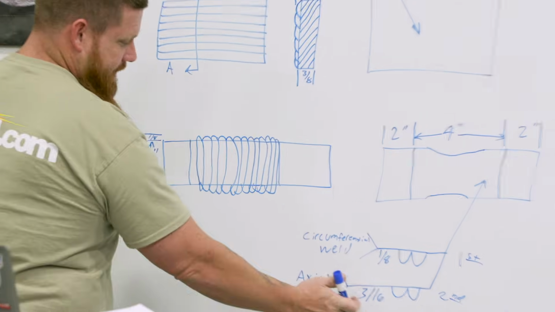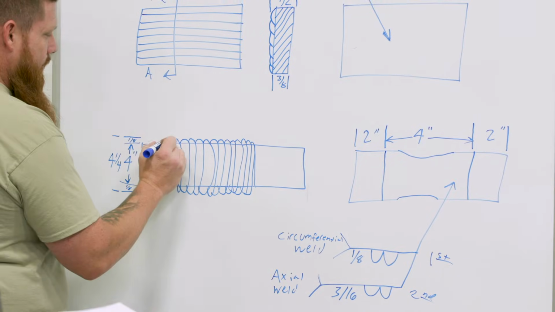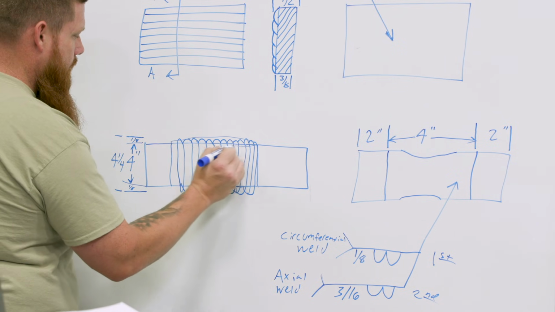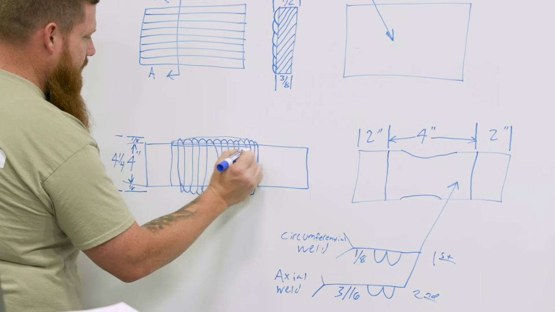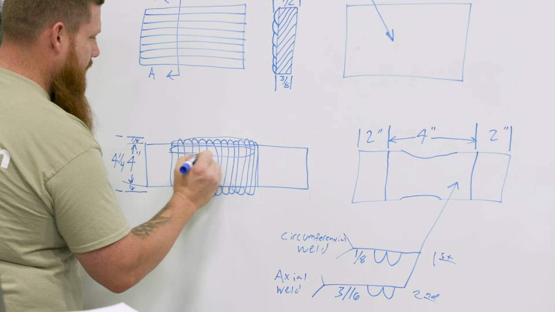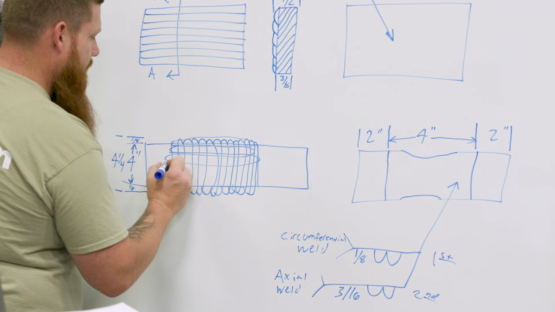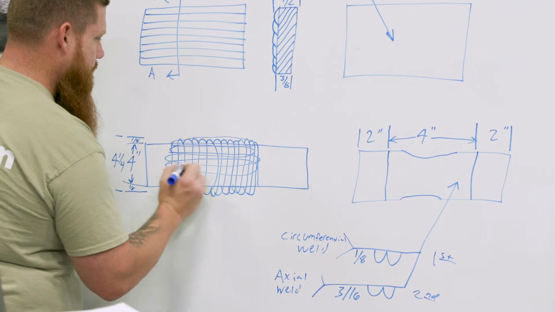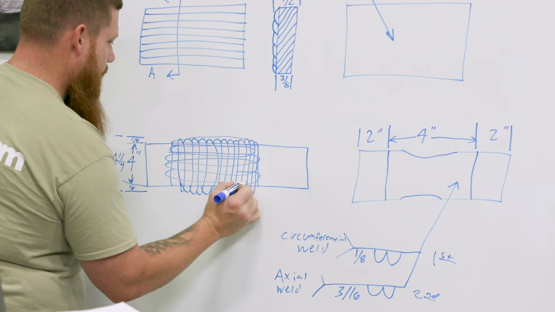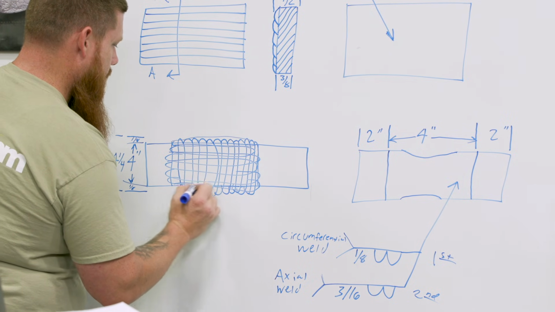Now we have to put 3/16 axial welds. These axial welds are going to go lengthwise down the shaft. We're going to do the same thing. We're just going to keep building them up, 50% overlap, all the way around.